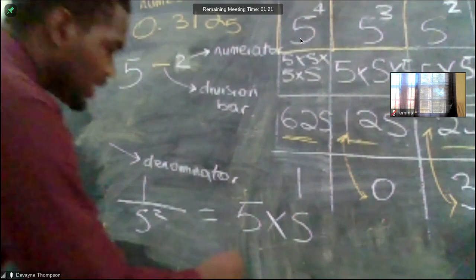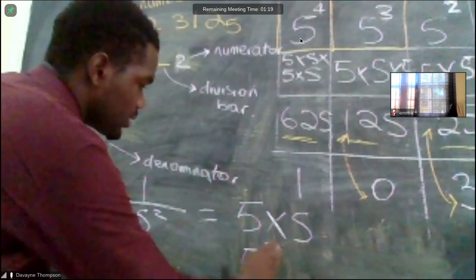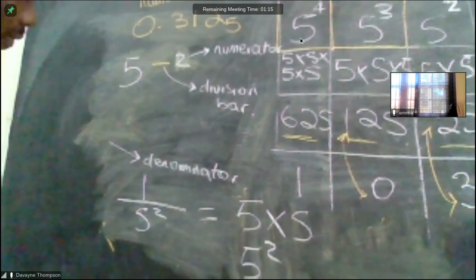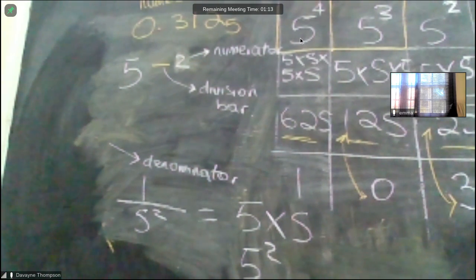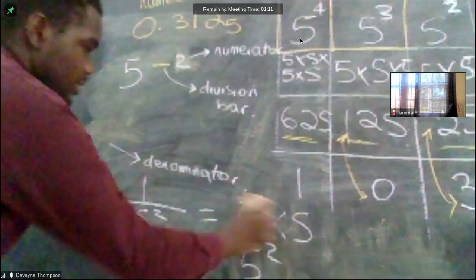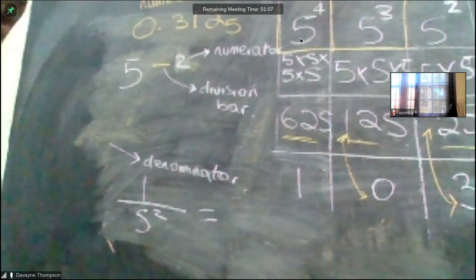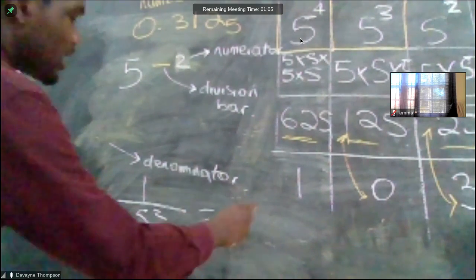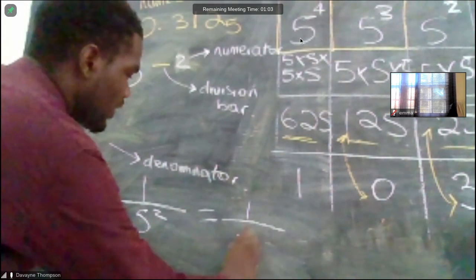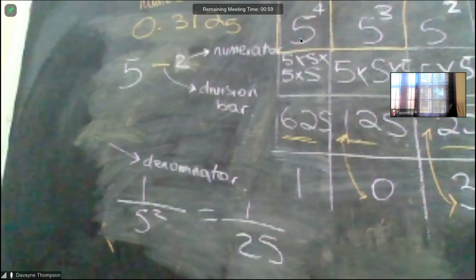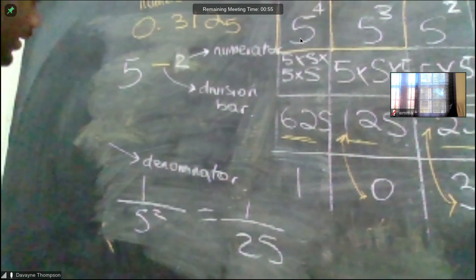It's the same thing as saying 5 squared. What's 5 squared, Emma? 5 times 5 gives you? 25. So when you see 1 divided by 5 to the 2, you should automatically know it's going to be 1 divided by 25. Everybody understand that?